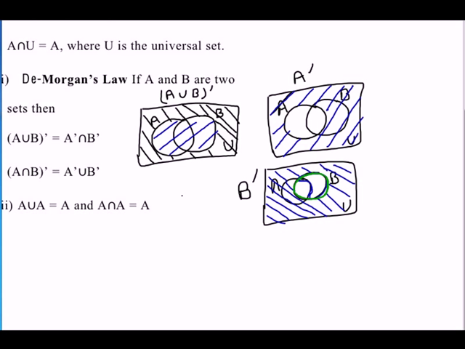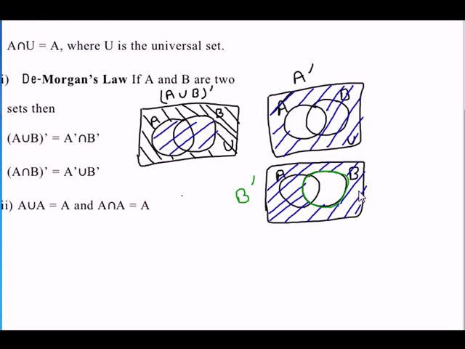Now I've just redrawn this figure so that the lines are in the same plane, and now it is easier to see what is common between this figure, which represents A complement, and this figure which represents B complement. It's essentially everything outside of the two circles.